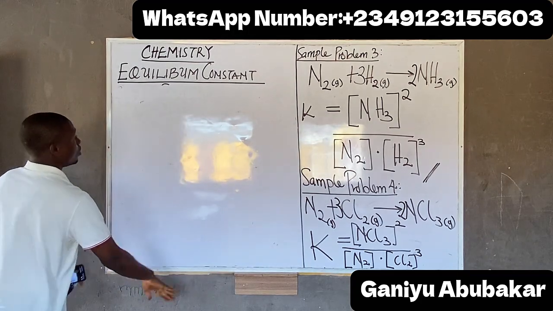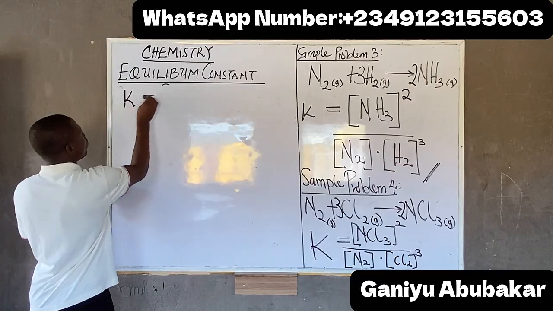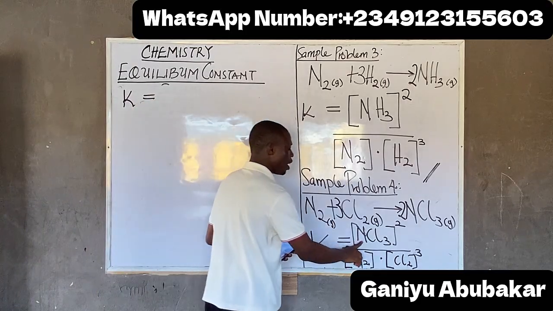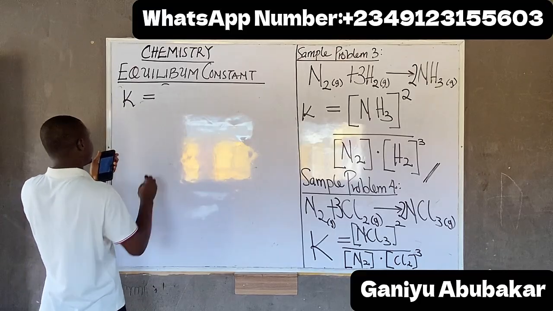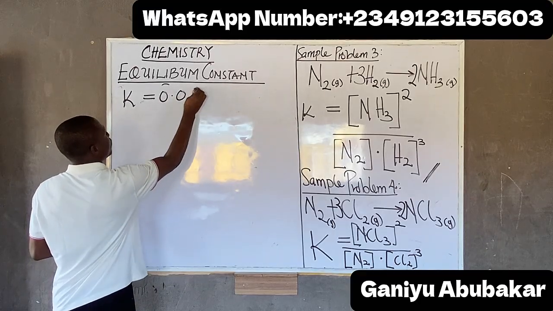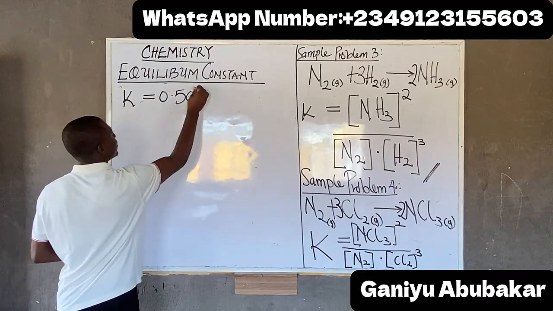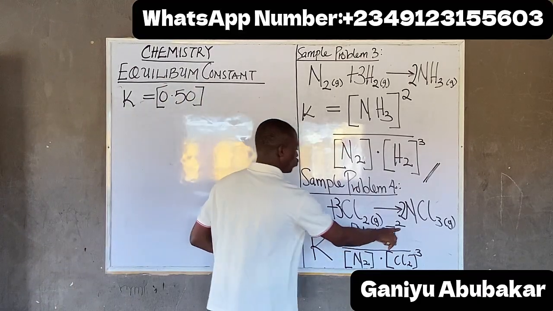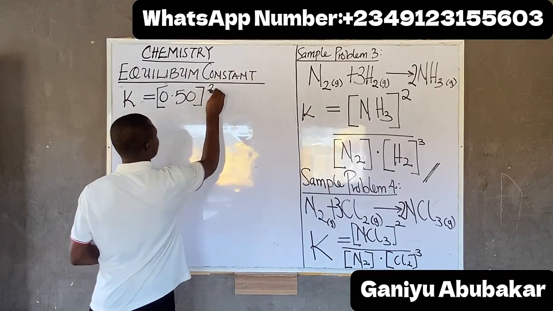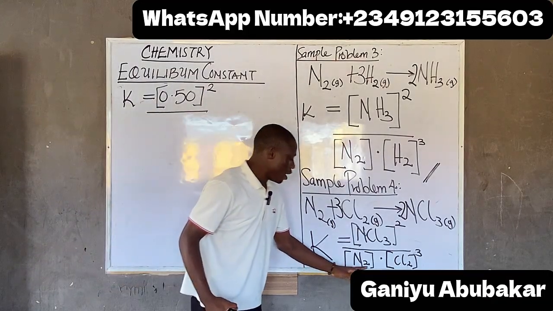Okay. This gives us K will be equal to, if you check properly, NCl3, which I said is 0.50 mole, to the power of 2, all over N2.